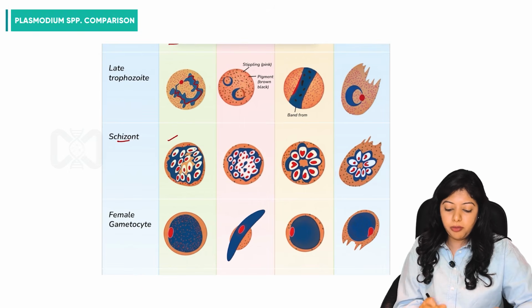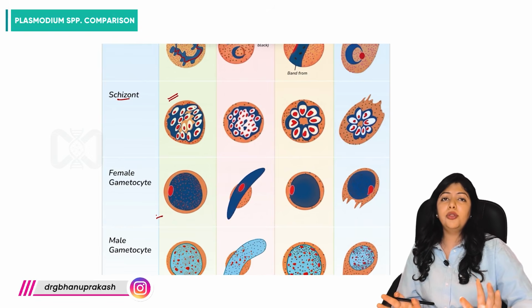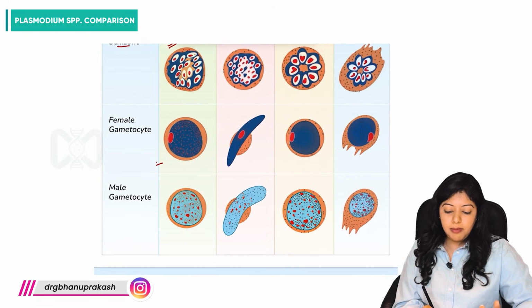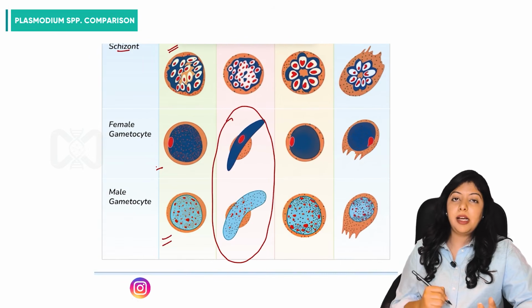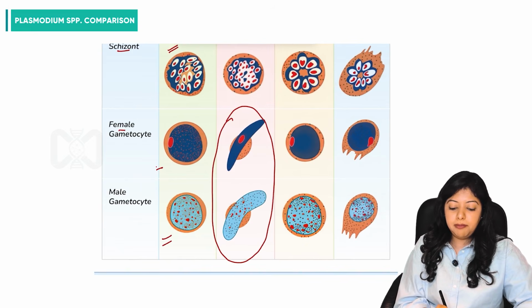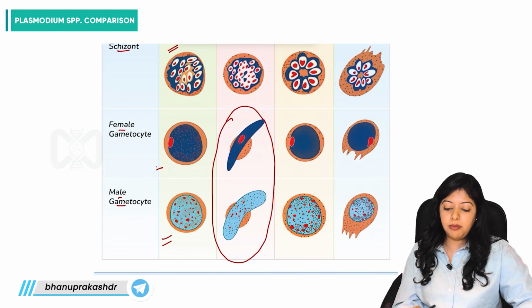Schizont will have more merozoites, and the female gametocyte is spherical and covers almost the entire RBC. For male, there's no difference between male and female gametocyte. It is in Plasmodium falciparum that female and male gametocytes have a different shape, banana shaped.